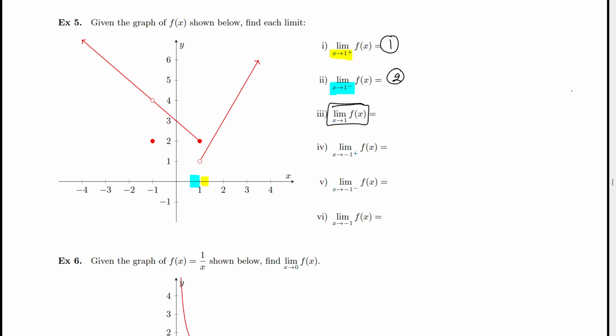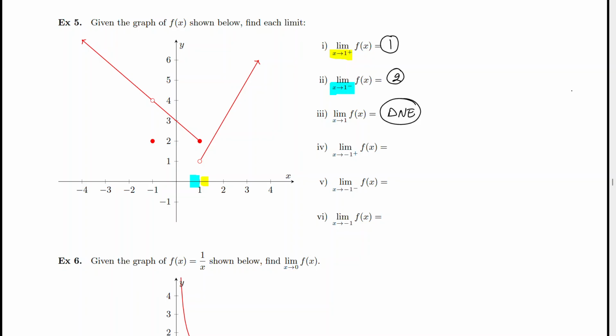So it's basically saying, if you're coming from the left or the right, do you get to the same destination? And obviously, in this case, I do not get to the same destination, so the limit will not exist. The highway here takes me to a different destination from the highway there, and that's why the limit will not exist. Okay, let's look at the next one.